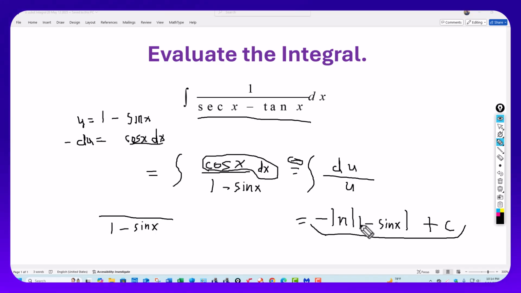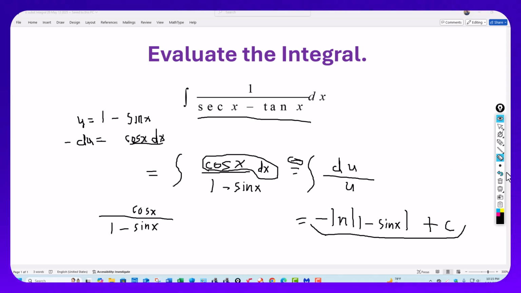And then it's the derivative of 1 minus sine of x. The derivative of 1 is 0. Derivative of sine is cosine, but I have the minus here, so that gives me a minus cosine of x. And then, of course, I had the negative to begin with, so those cancel out and I get a positive.